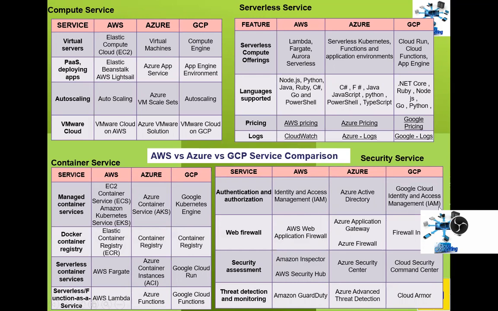Google again has Google IAM. You can check these things. For web firewall, AWS has its web firewall, and these people have firewall insights. Security assessments: Amazon Inspector, Security Hub, and for threat detection, Cloud Armor offered by GCP.